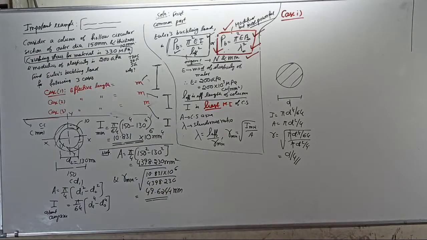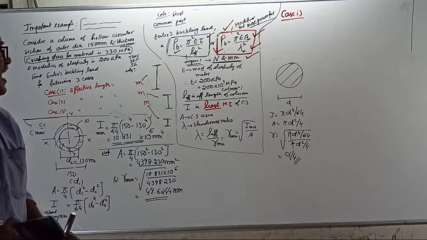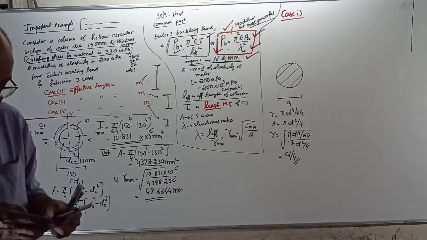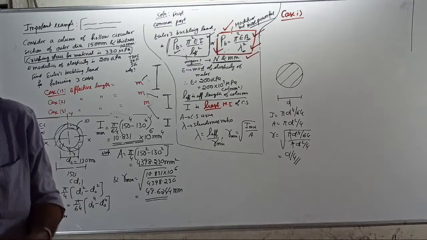Clear? If it's a solid circular section, R will be d by 4. It is a standard answer, like for a rectangle I told shorter side by root 12. That way, for a solid circular section, R equals d by 4. Okay, this I will discuss later.